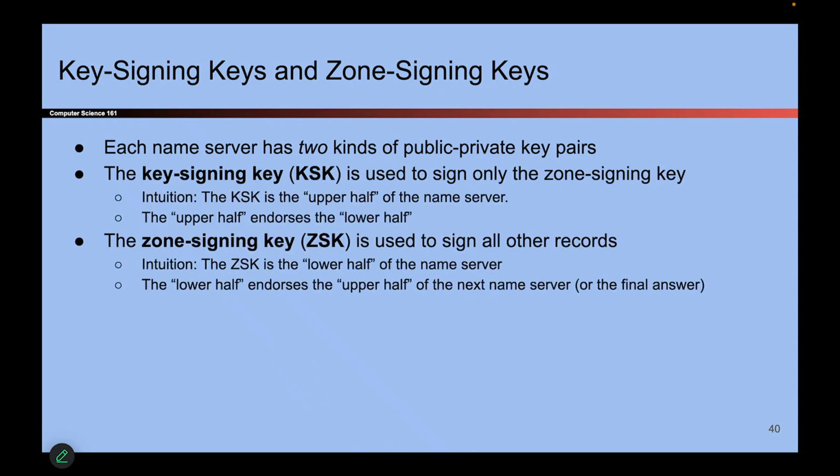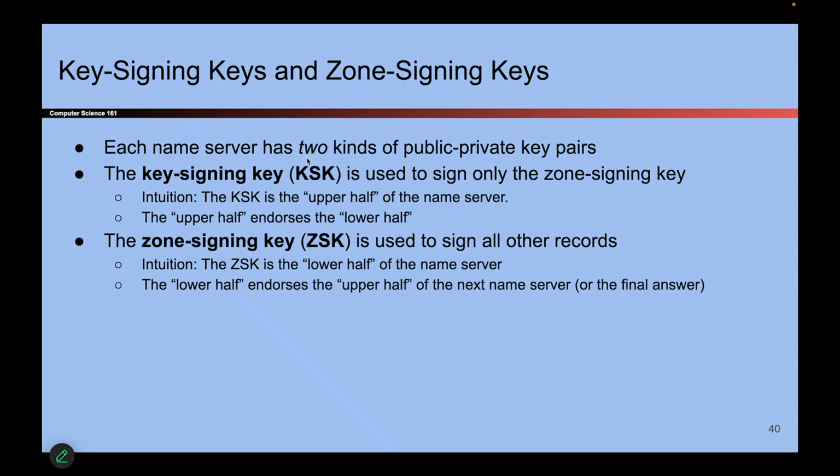And because each name server now acts as two, what's going to happen is the upper half will endorse the lower half using the same strategy we've used of signing public keys. And then the lower half will endorse the upper half of the next name server. And then that upper half will endorse its lower half. And then that lower half will endorse the next name server's upper half. So we've basically taken the same chain we've already seen and just made it twice as long.